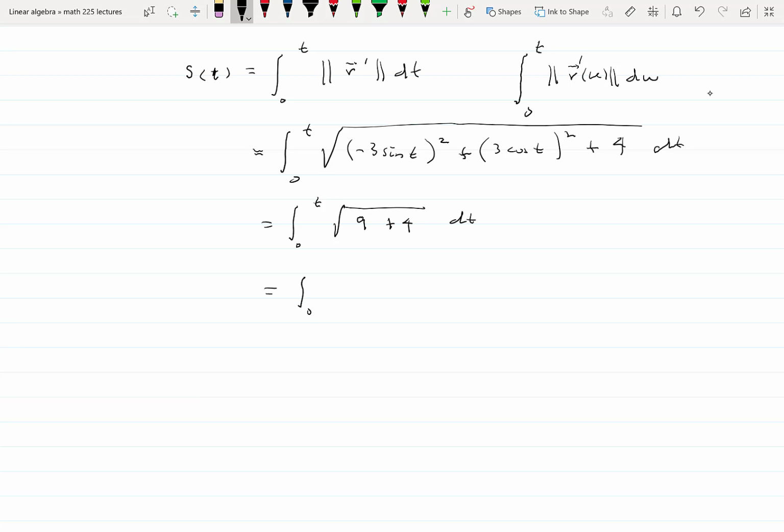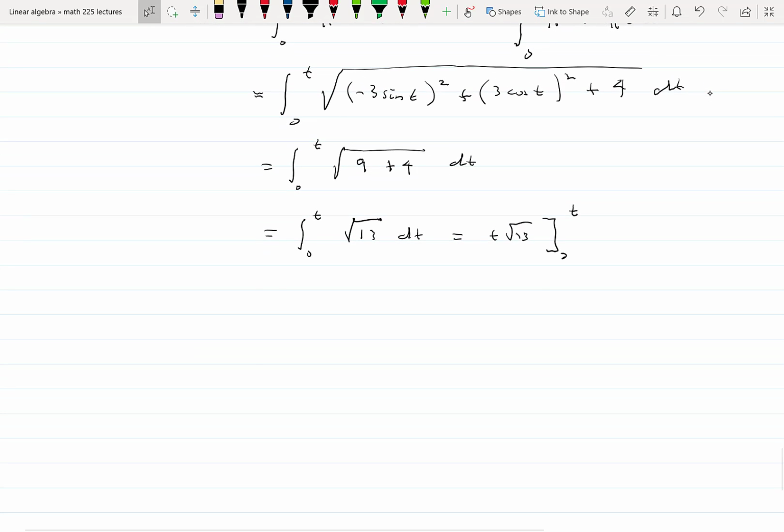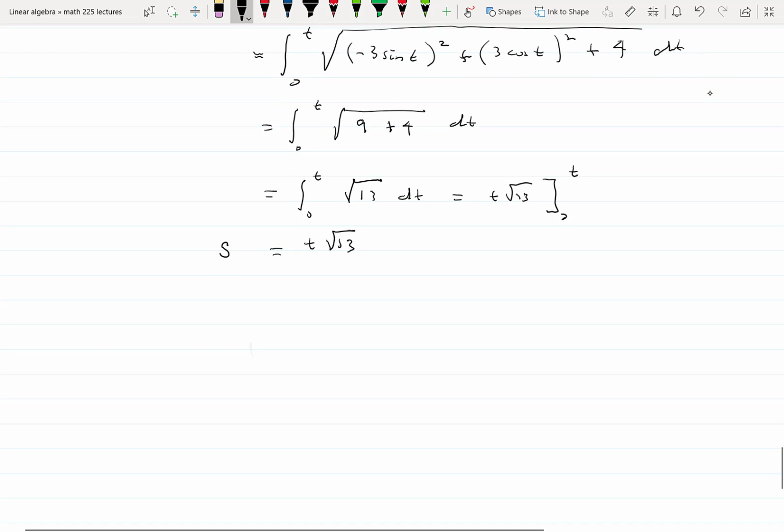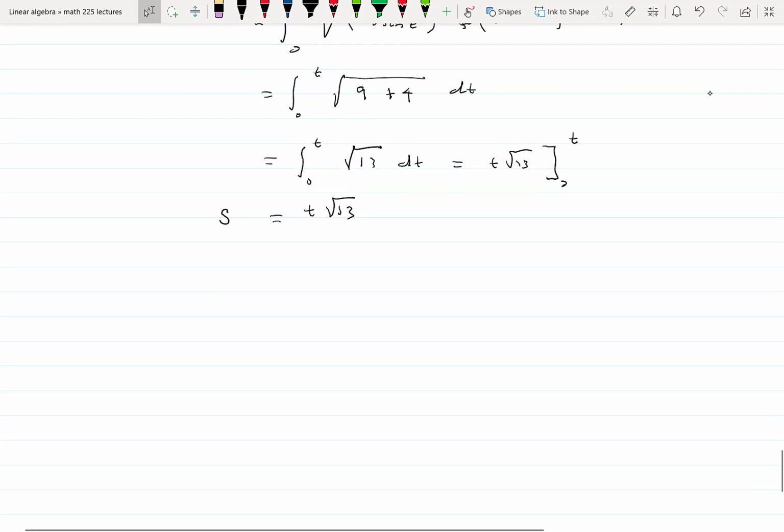This is the square root of 13 integrated with respect to t, which is nothing more than t times the square root of 13 from 0 to t. This is where it's a good idea to have your variable of integration be something other than t, but I'll let it go here. So the arc length s equals t times the square root of 13.